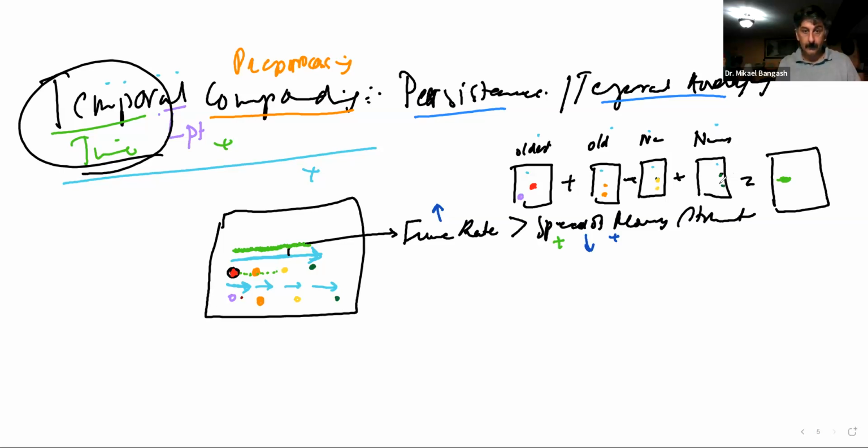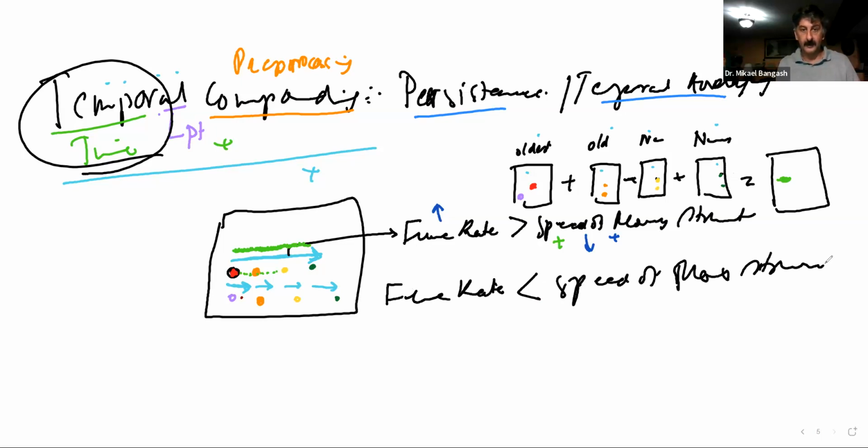Now, why is that? That's mainly because our frame rate was lesser than the speed of the moving structure.